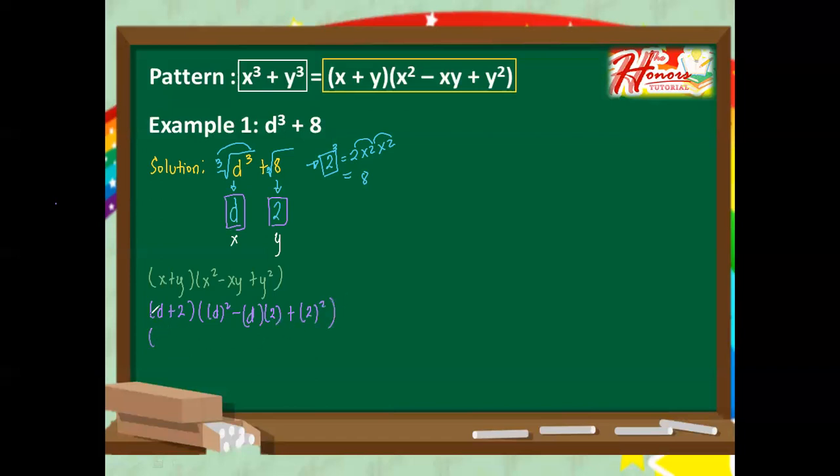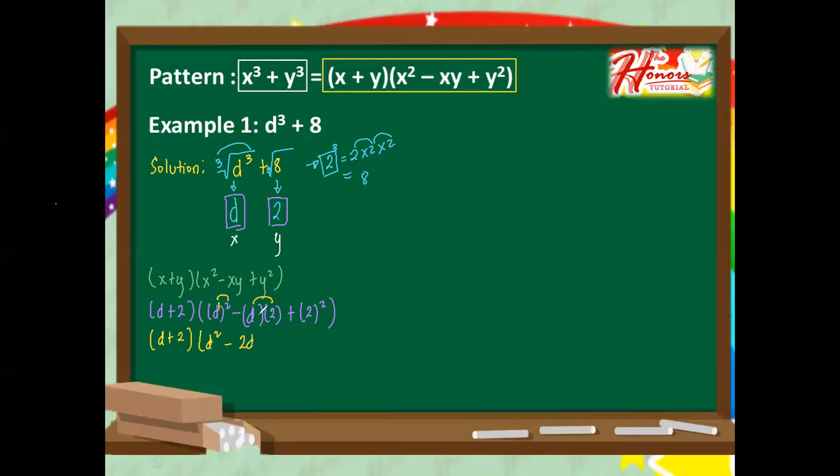For d plus 2, no worries about it because we just need to copy d plus 2. And then d raised to 2 is equal to d raised to 2, because our exponent of d is 1, you have to multiply it to the exponent which is outside the parenthesis. So that's 1 times 2 is 2. Minus d times 2 is 2d.